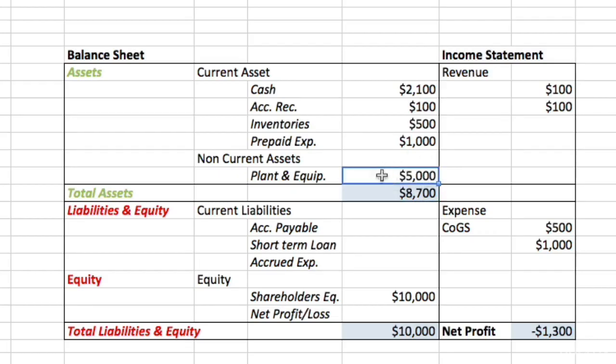Assuming that this ice cream machine in 2015, when we bought it, is worth $5,000, we want to depreciate it in the next year, 2016, to reflect more or less the actual value of that machine in that year. Therefore, we say that in 2016, the machine is going to be worth $2,500, so we reduce the value of the machine by $2,500.